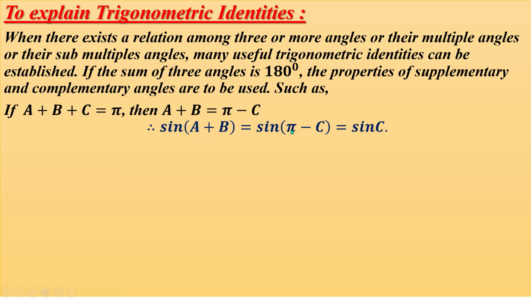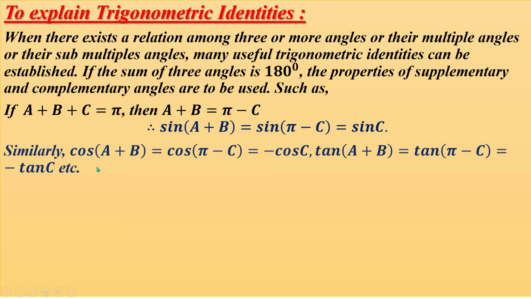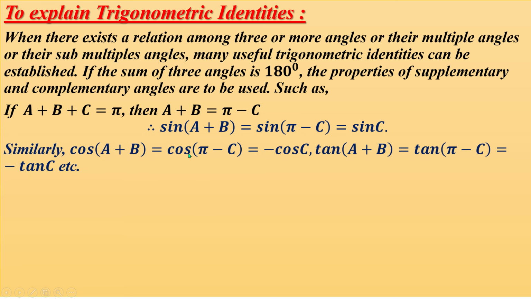As pi means the number of right angles is 2, so we can write this equal to sin c. Similarly, cos(a plus b) is equal to cos(pi minus c), this equal to minus cos c. Tan(a plus b) is equal to tan(pi minus c), this equal to minus tan c, etc.